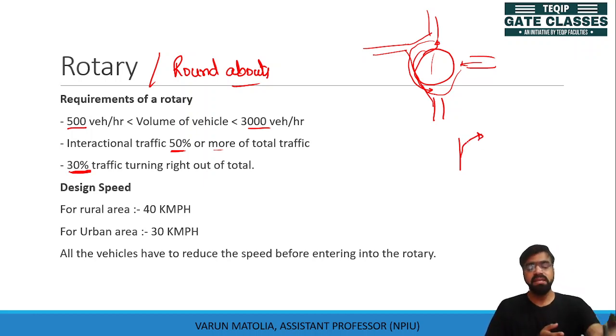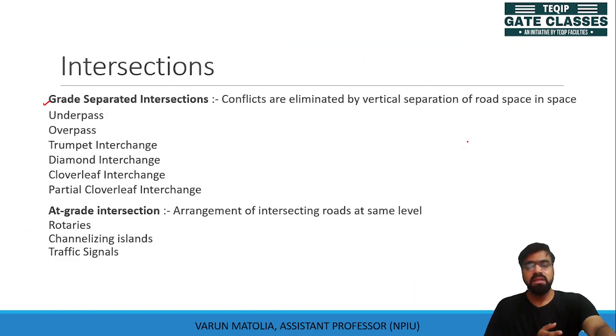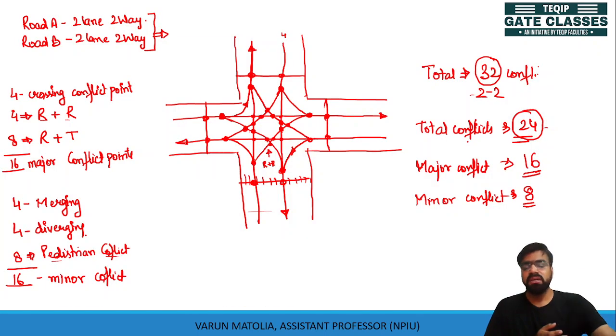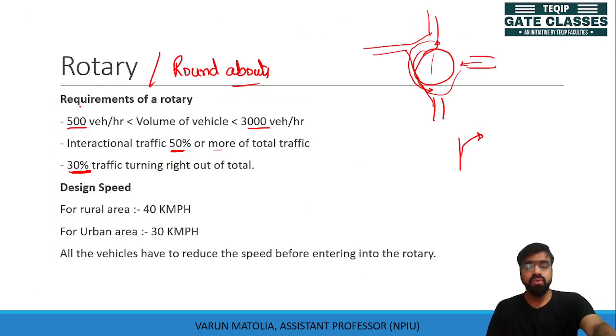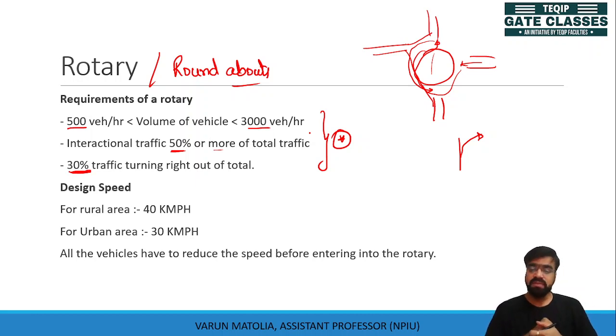We have already seen that the right turning traffic has around 12 major conflict points. To remove those major conflict points, we provide these rotaries. So these are the specifications or requirements of the rotary, or where the rotary is justified.